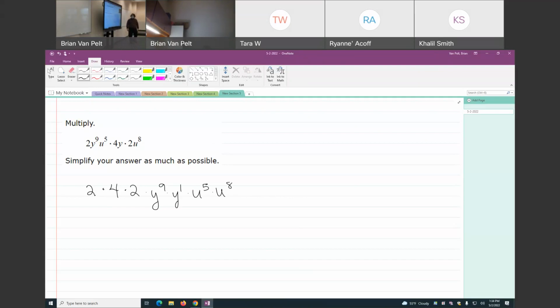Now I gotta do my numbers. There's where you get your 16. Y will be raised to the 9 plus 1, raised to the 5 plus 8. So that's 16 y to the 10.